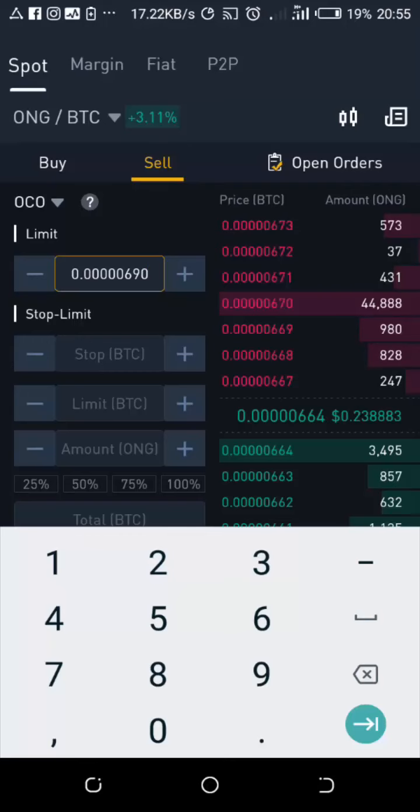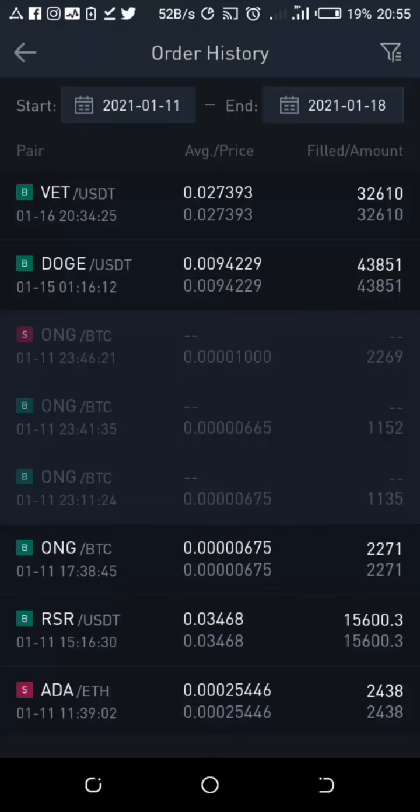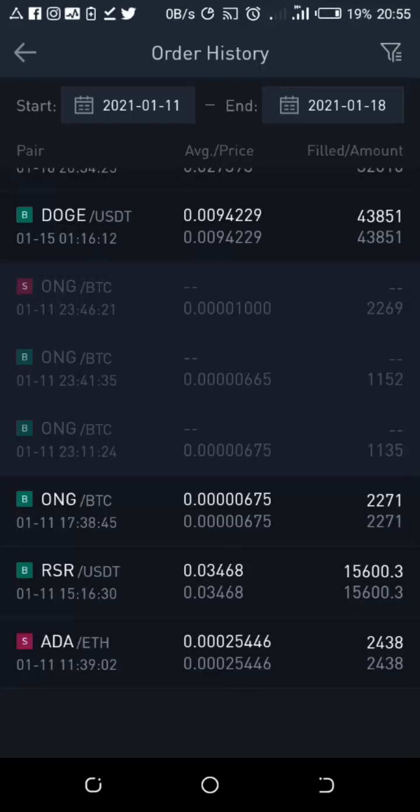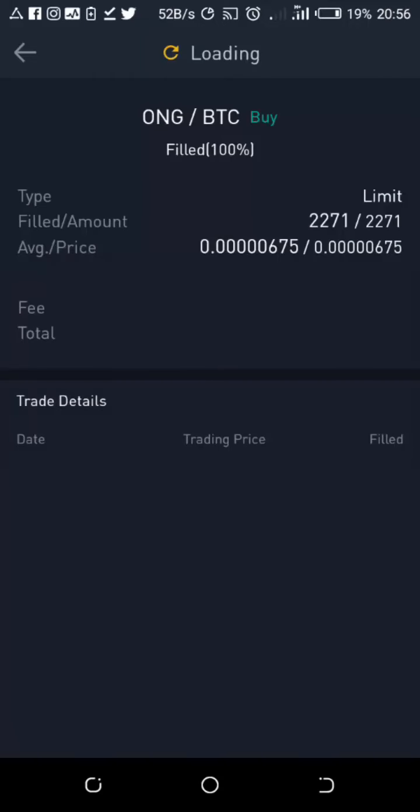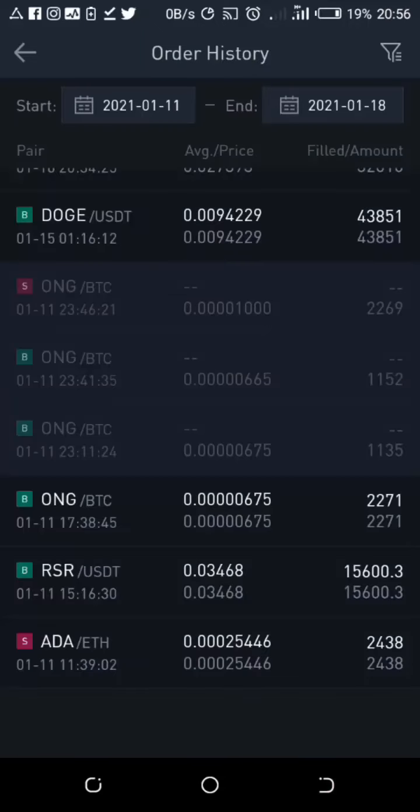Remember, in the history, we bought ONG at the price of 675 Satoshi. So having bought at 675 Satoshi, we are supposed to sell it higher and make a profit.